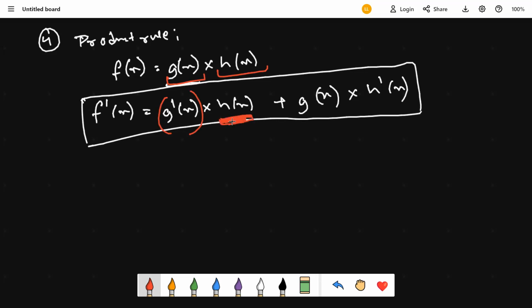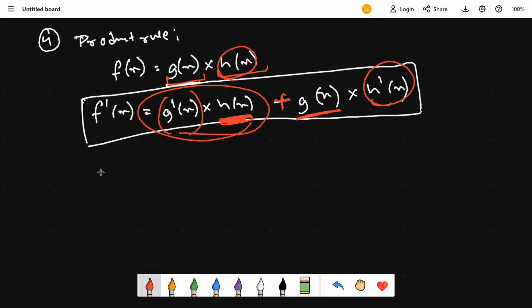The h of x, we are not differentiating it in the first portion, simply placing h of x over here, but differentiating g of x, and we are just multiplying them with each other. Then we need an additional sign, we will add with it another portion, which is the differentiated value of the next part of the equation, which is this h of x, but this time g of x is not going to be differentiated, and they are simply going to be multiplied.